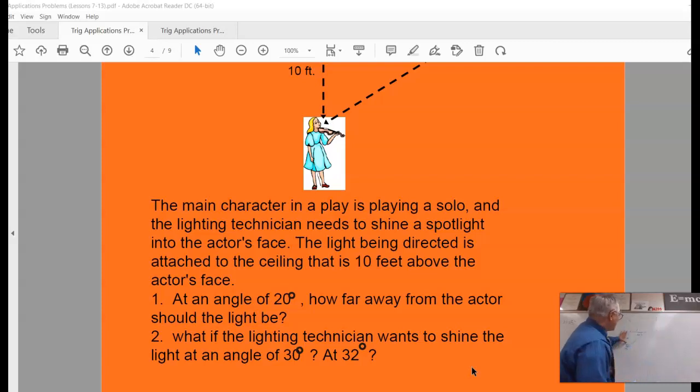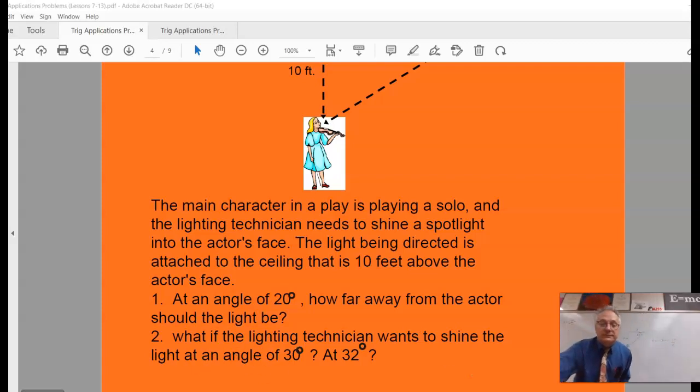Again, the height is still going to be 10, but if I come a little closer, I'm going to have to shine the light a little bit more. The angle is going to be greater. So again, we're going to use the tangent of 30 is going to be the opposite over the distance.